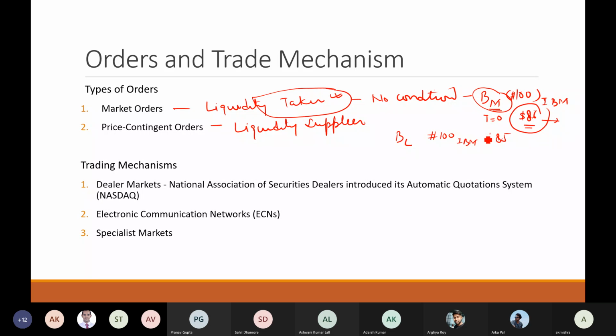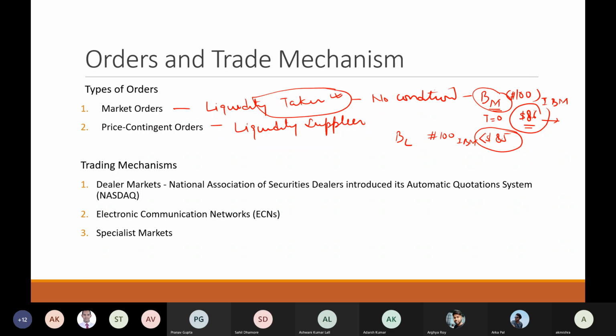Hypothetically, if you put this condition, it means until the price of IBM stock comes down, your order is going to be pending in the market. It means there is an opportunity available for the other side of market participants to trade with you. And that's why we call it a liquidity supplier.